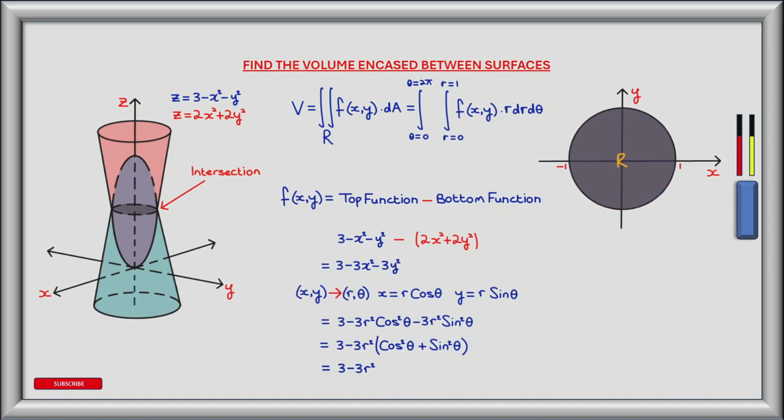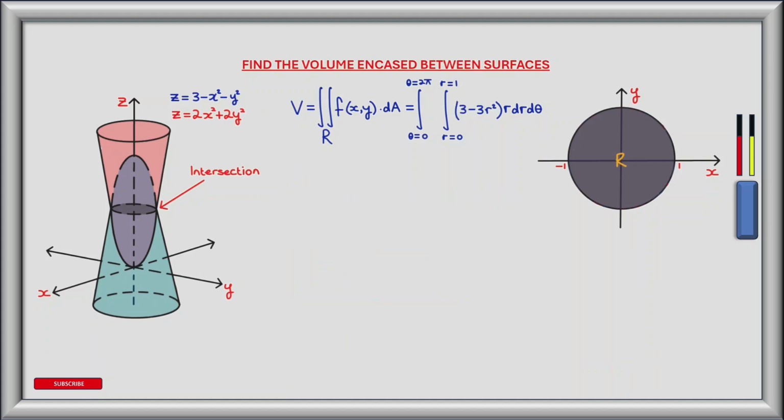Converting this to polar coordinates, we substitute r cos theta for x and r sine theta for y. This gives 3 minus 3r squared cos squared theta minus 3r squared sine squared theta. If we simplify this, we have 3 minus 3r squared into the bracket of cos squared theta plus sine squared theta, and using the trig identity cos squared theta plus sine squared theta is equal to 1, we're left with 3 minus 3r squared.